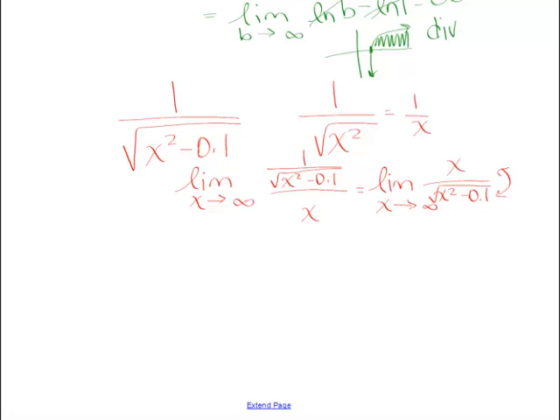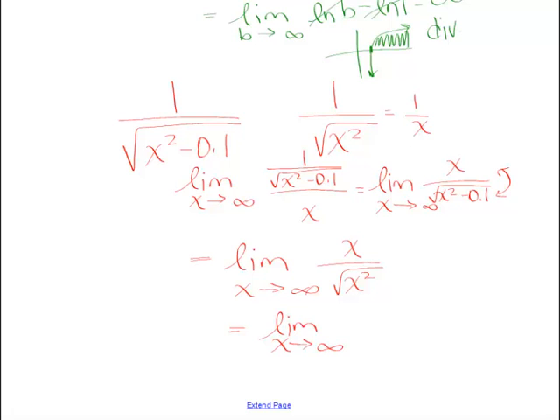So I'm not really going to use any algebra to manipulate this limit. I'm just going to realize that for large input values, the denominator function acts like that. And I'm going to show the AP reader that I recognize that.